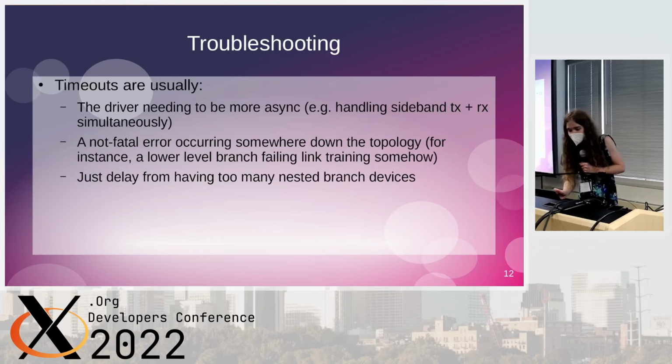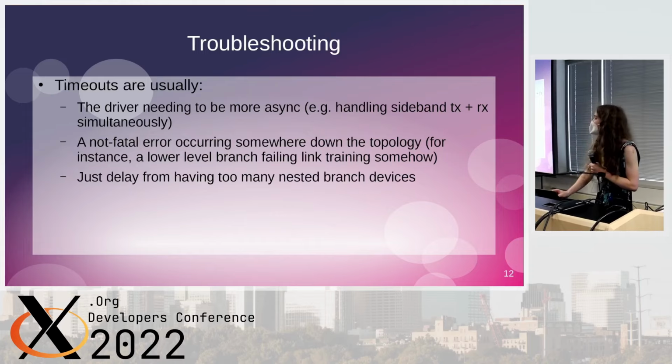And then there's also just delay from having too many nested branch devices, I've noticed. Sometimes, because I've had to do some very silly setups in order to fully test out hot plugging, because as AMD has pointed out many times, we've had occasional issues where sometimes you will unplug something, and if it's lower down in the topology, the payload actually won't be released because of a bug in the code.